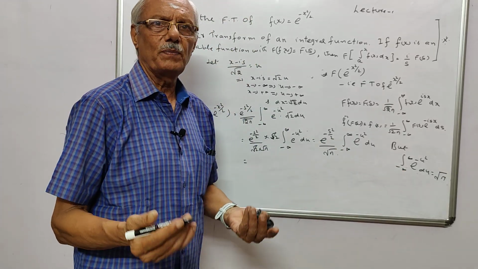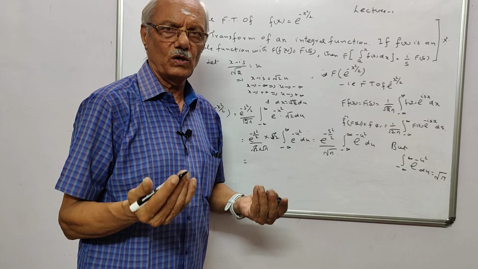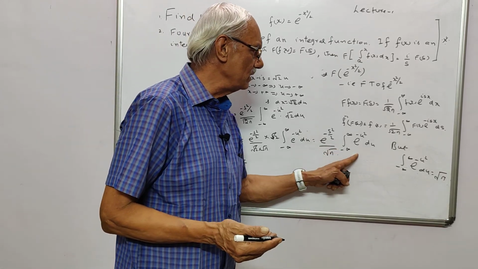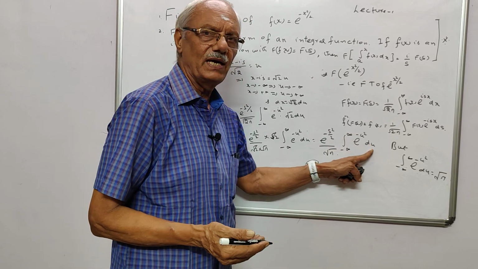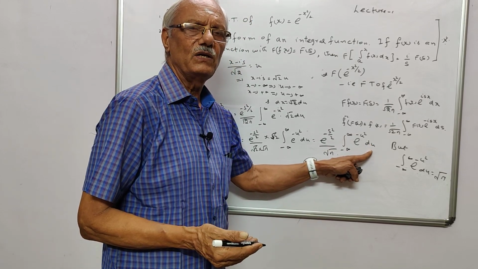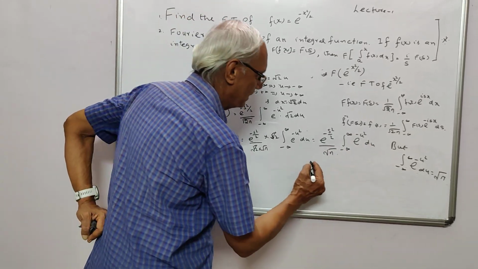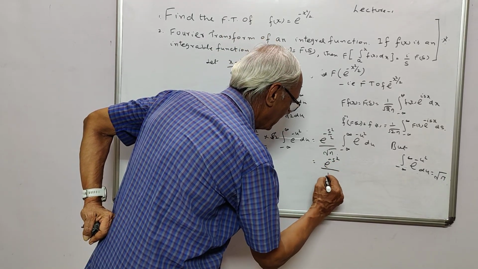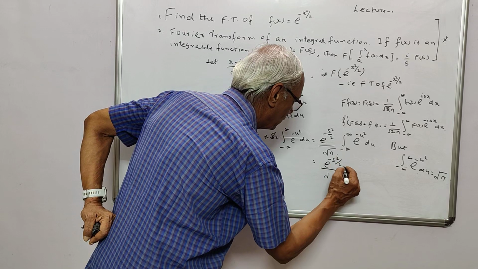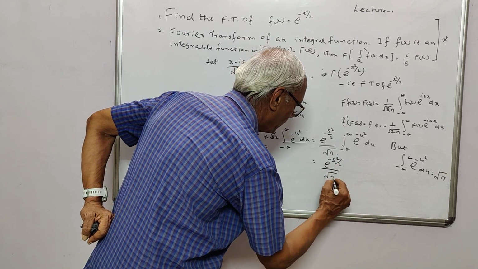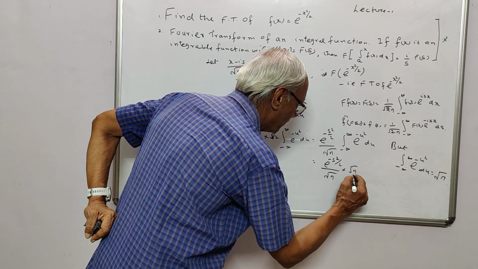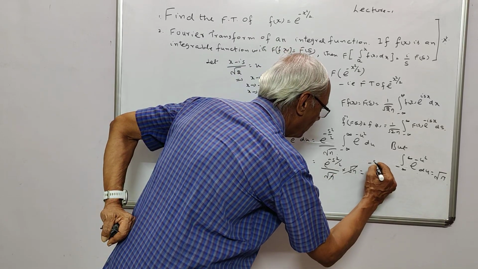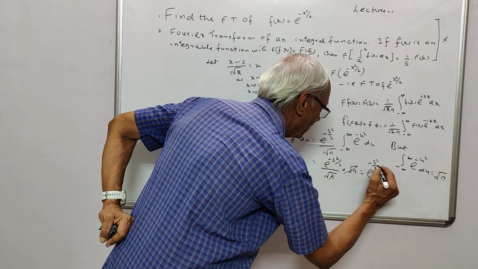Whether it is x or t or u or whatever variable you take, the integral of e to the power of minus u squared du is equal to square root of pi. So what will you get here? e to the power of minus s squared by 2 divided by square root of pi, into square root of pi. So this gives you simply e to the power of minus s squared by 2.